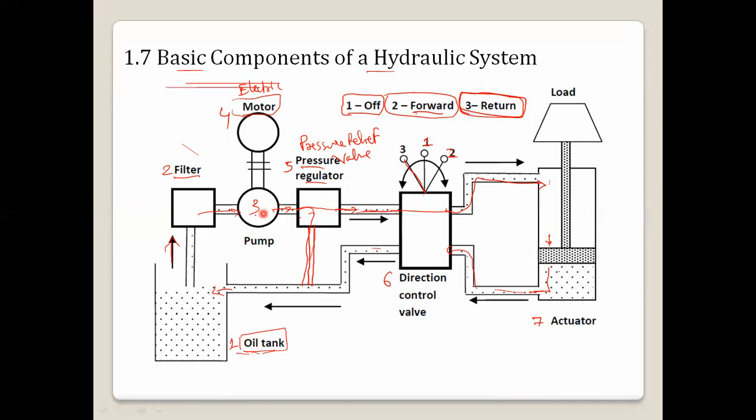At that time the pump will be running, so from here the oil will go to the piston side. Then due to the high pressure, the piston will be lifted upward. Whatever oil is present here will go, and again from here it will come to the tank. So this is the direction.